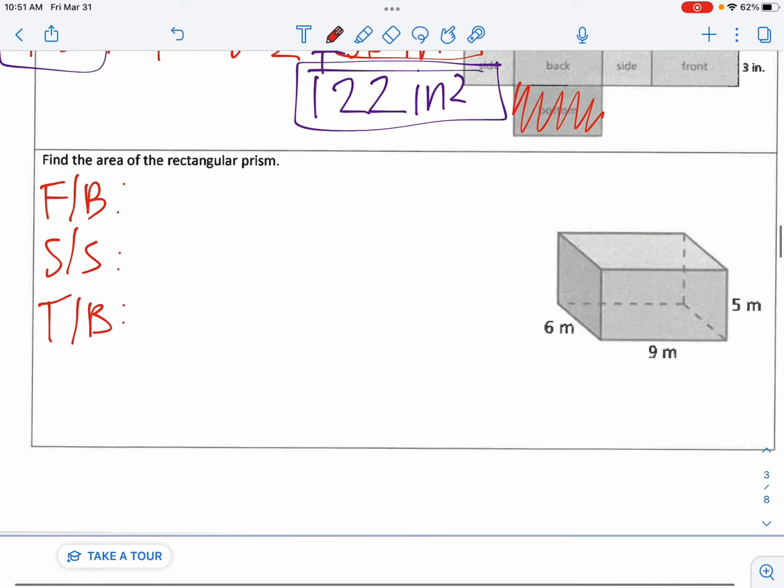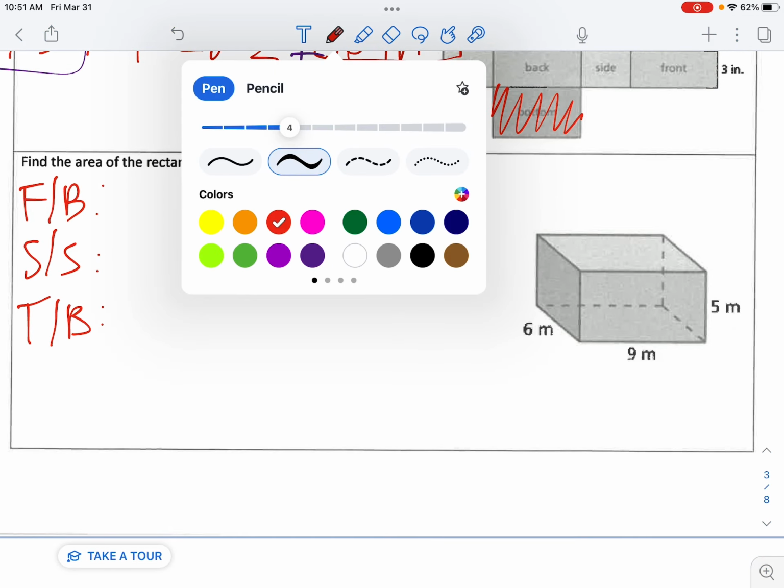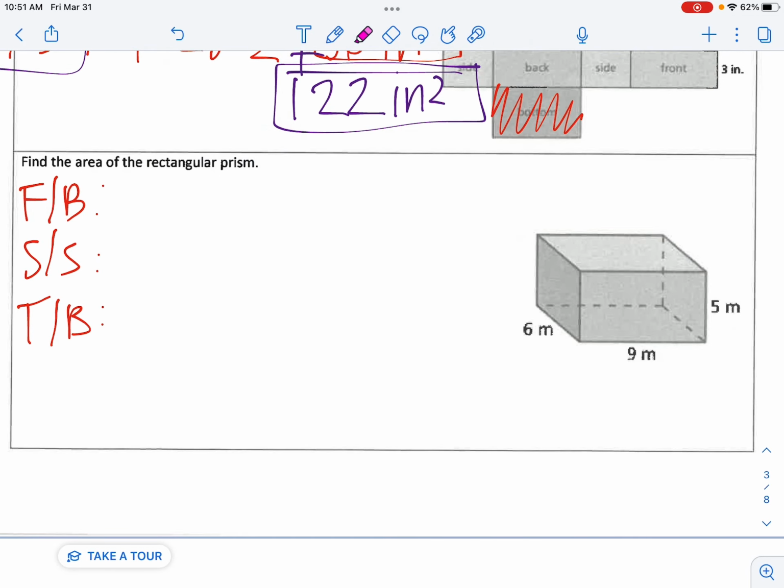Okay. So if I start with my front, that is going to be right here. In my back, we'll do it a different color, is this one. Okay, the front and the back.